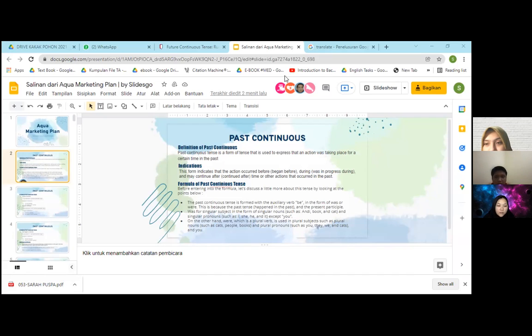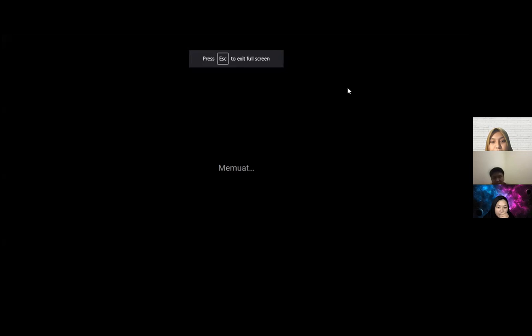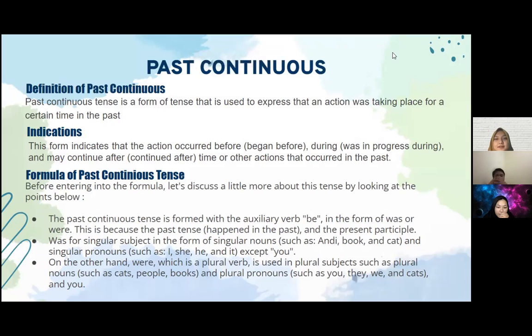Is my screen seen? Can you guys see my screen? Yes. Okay. You can slideshow. Okay.